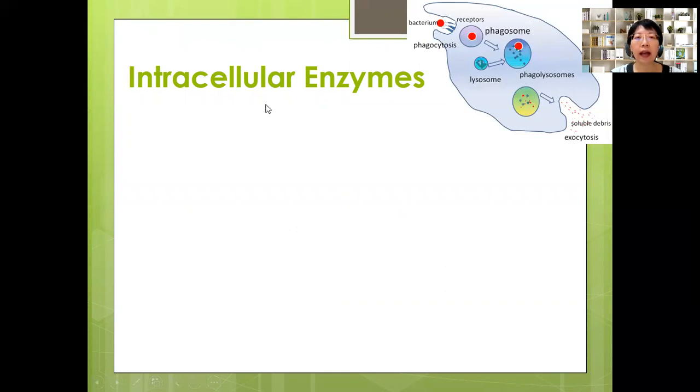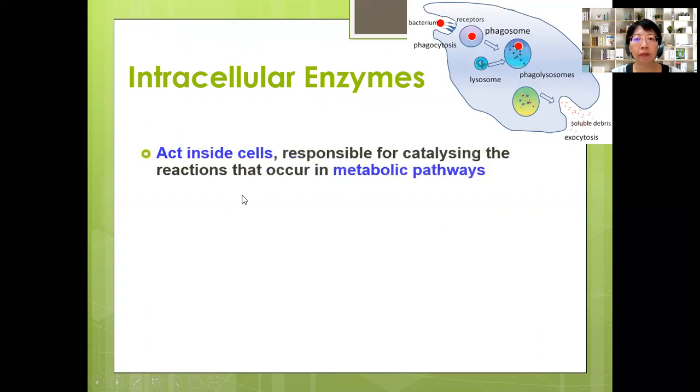So intracellular enzymes are the enzymes produced by the cell and used inside the cell. For example, intracellular enzymes act inside the cell and are responsible for catalyzing, meaning speeding up, the reactions that occur in metabolic pathways. So metabolic means metabolism, okay, the reactions.